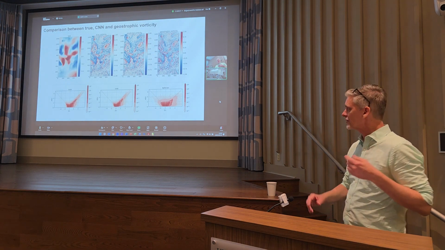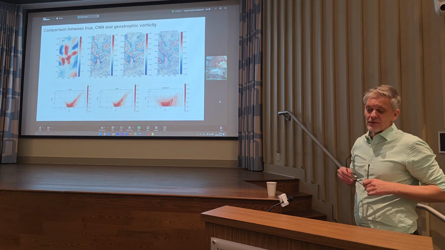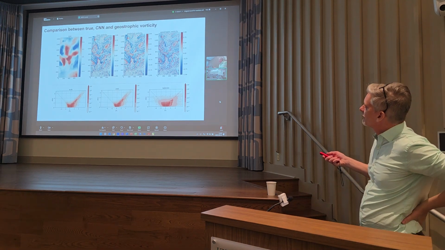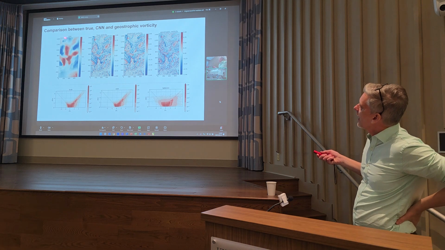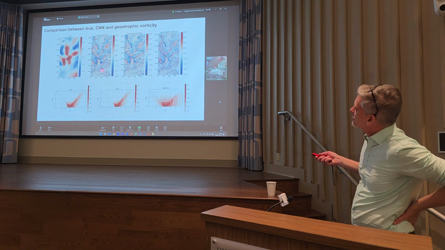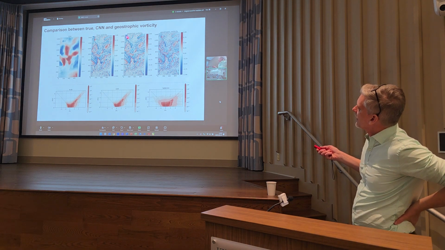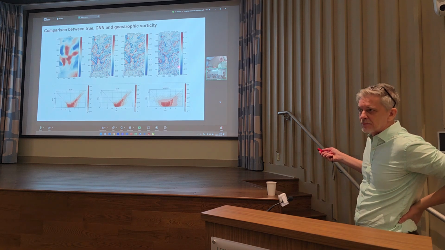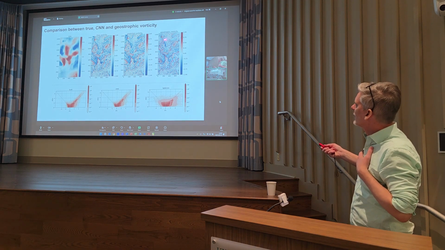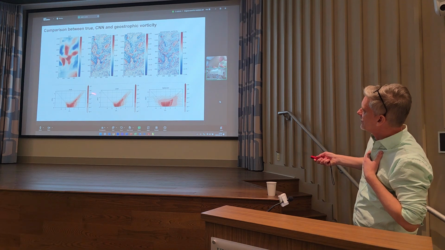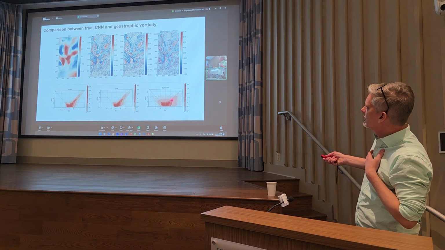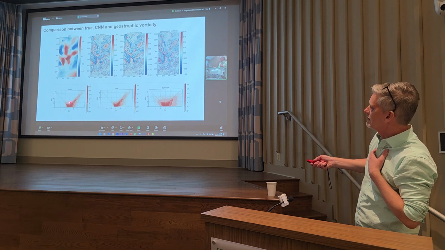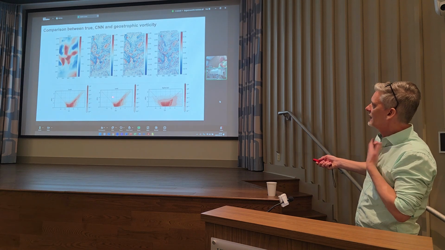Here's an example from that same simulation, the channel simulation, which is still kind of boring compared to the ocean: sea surface height, actual vorticity, the neural network predicted vorticity, and the geostrophic vorticity. This is like the plot I showed before, only a little bigger, and now you know what these mean. Here is the CNN predicted version of the true joint PDF.